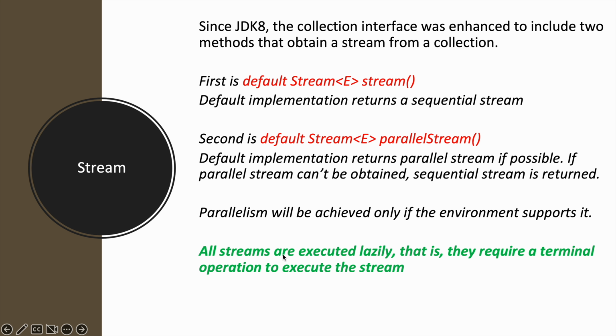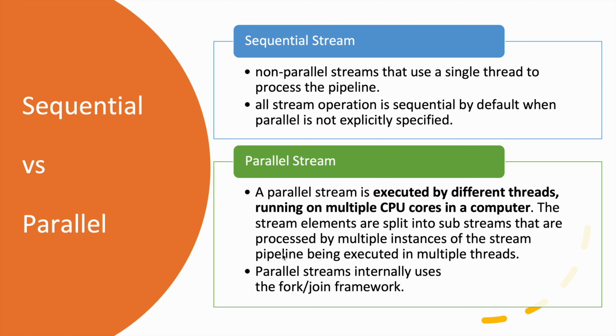So now back to the point. Sequential and parallel stream. A sequential stream is a non-parallel stream that uses a single thread to process the pipeline. All stream operations are sequential by default, except when you specify that you require a parallel stream.